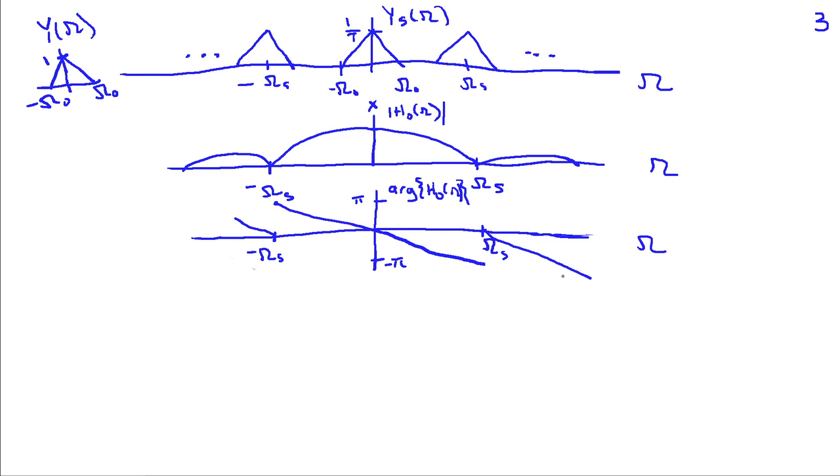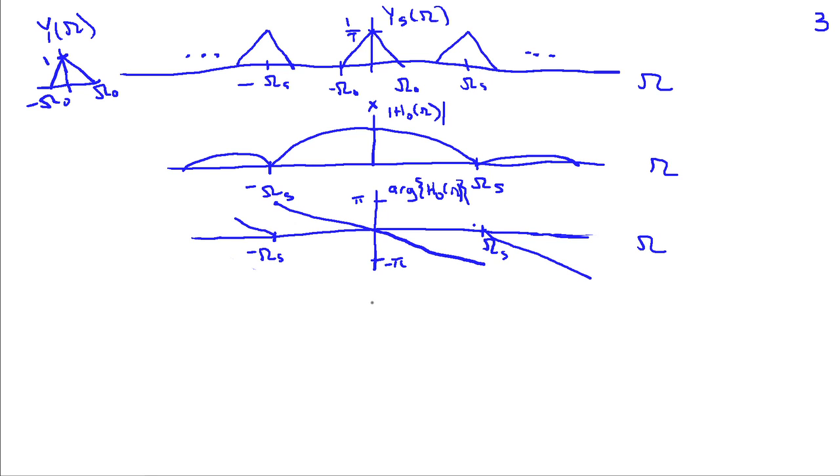The phase of h0 of omega is just a linear function because we had that linear phase term e to the minus j omega T over 2. The slope of that is such that it goes from pi at minus omega s to minus pi at omega sub s, since omega s is 2 pi over T. And then because there's a zero crossing in the sinc function, the phase jumps by pi at omega sub s and at minus omega sub s and multiples thereof.